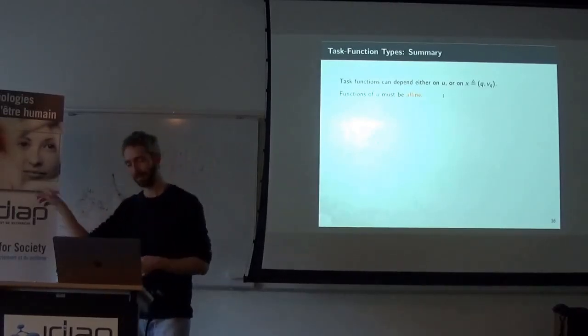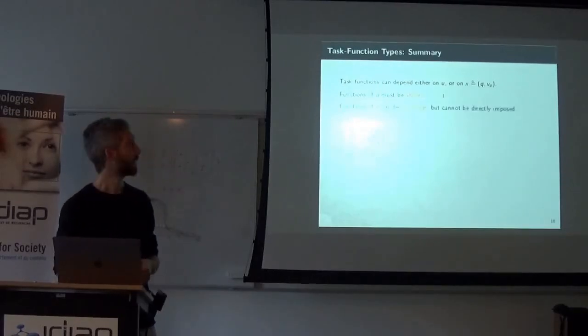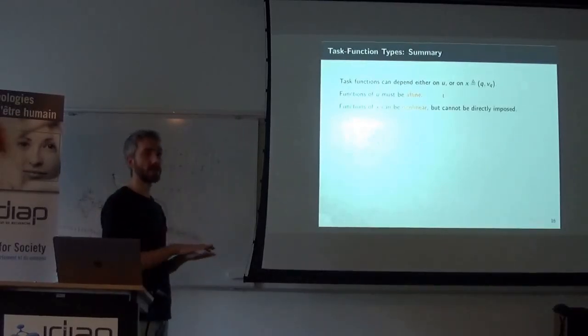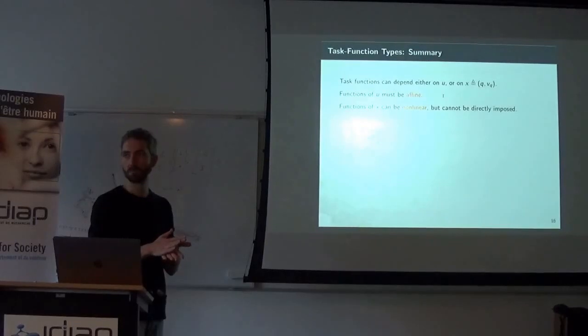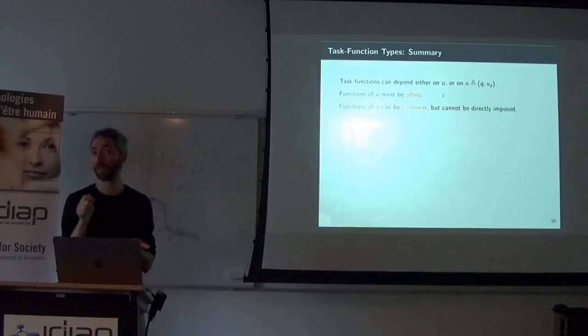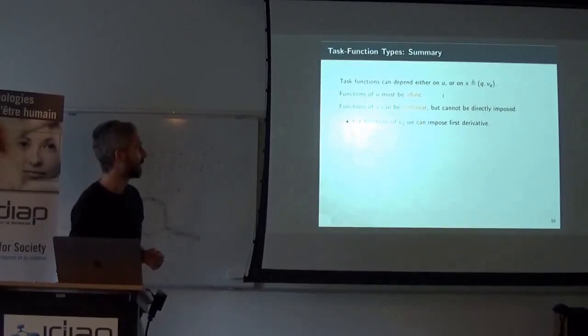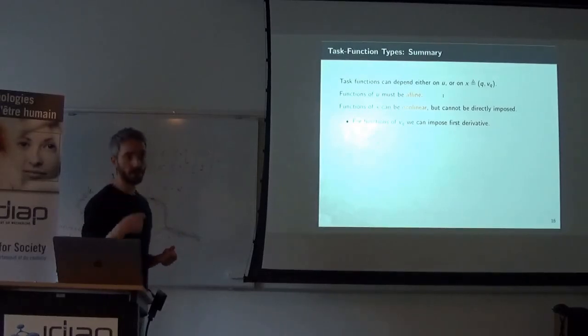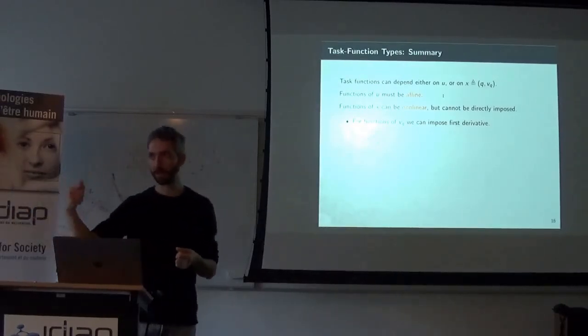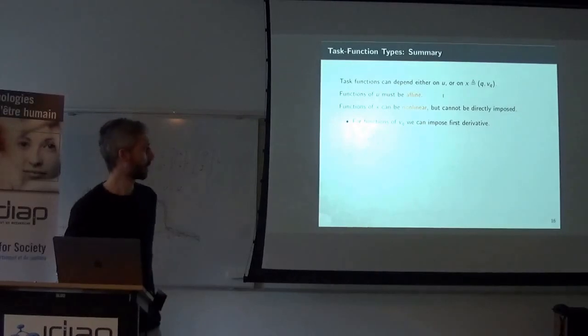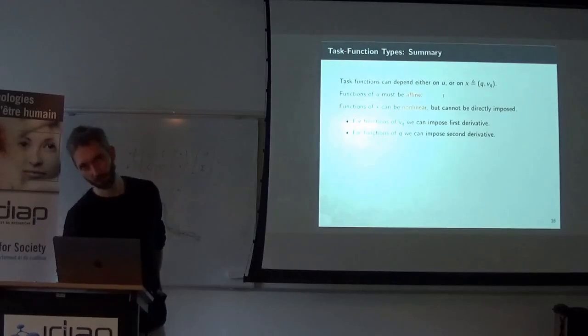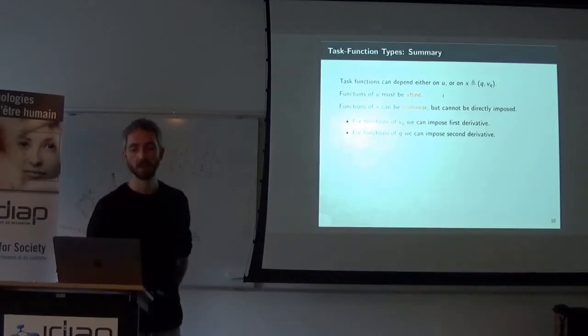We will see why in a few slides. Instead, functions that depend on the state can be nonlinear. The only requirement is that they are smooth, because we derive them, so they need to be smooth. For functions that depend on the velocity, we can impose the first derivative. For functions that depend on the configuration, so position, we can impose the second derivative.